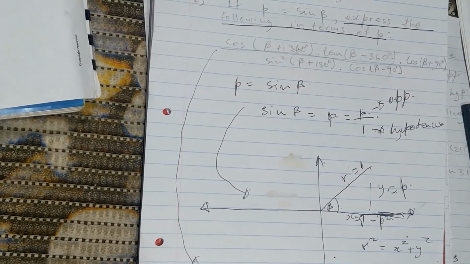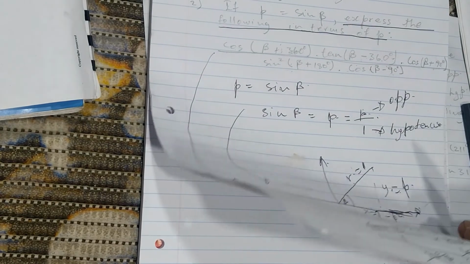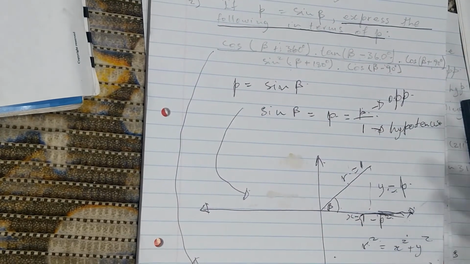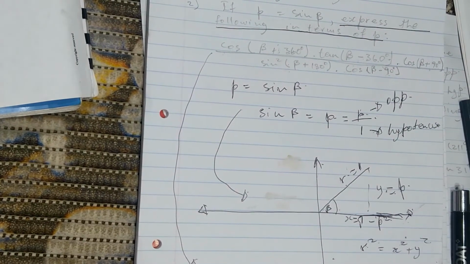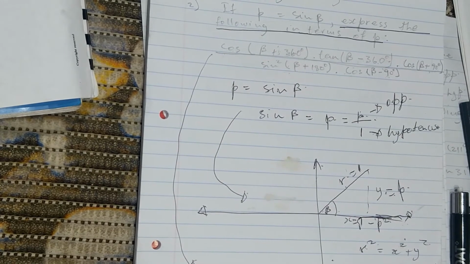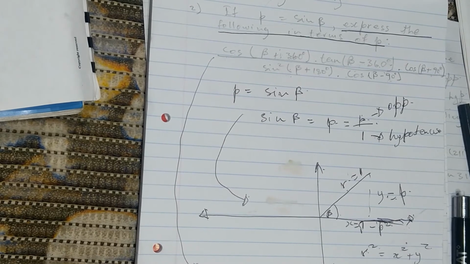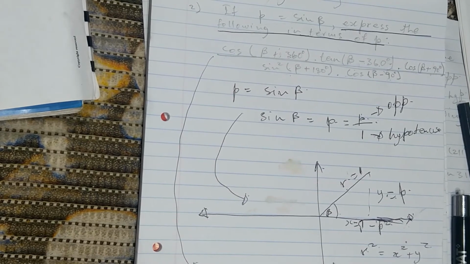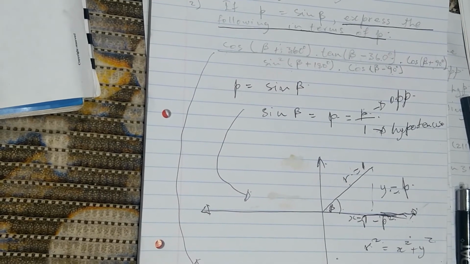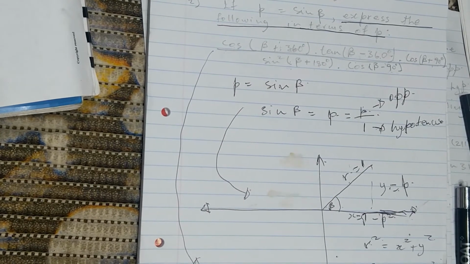So I just want to leave it here for now, and then in the next section we're going to deal with the trig functions and the compound angles and double angles.